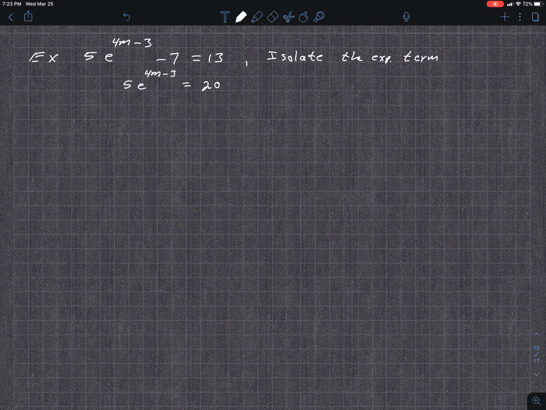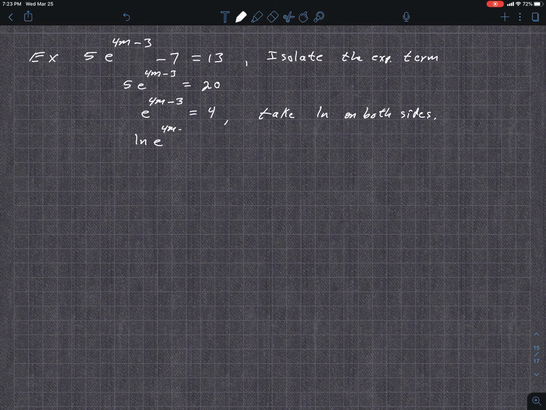And then looky there, when you divide by 5, you get 4. So it's e to the 4m minus 3 equal to 20 over 5, which is 4. Okay, and now what you do next is take ln on both sides.